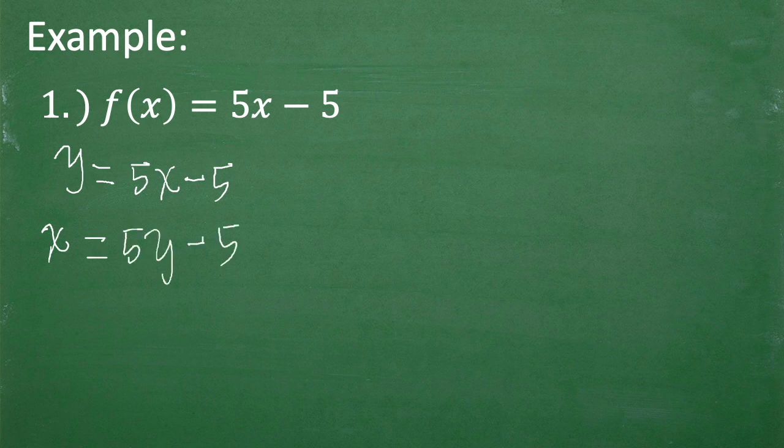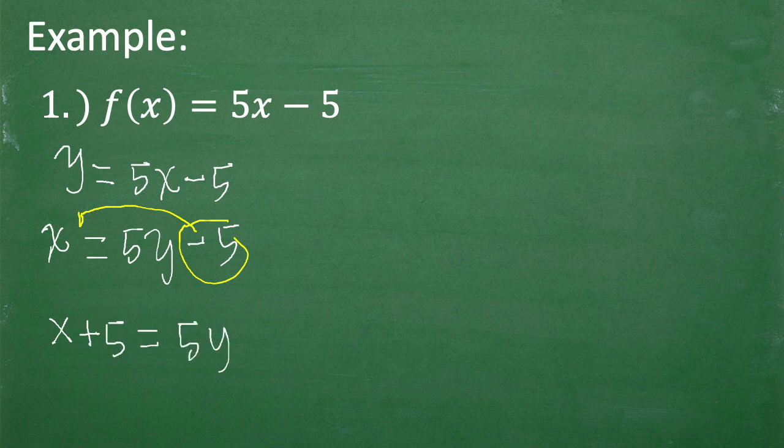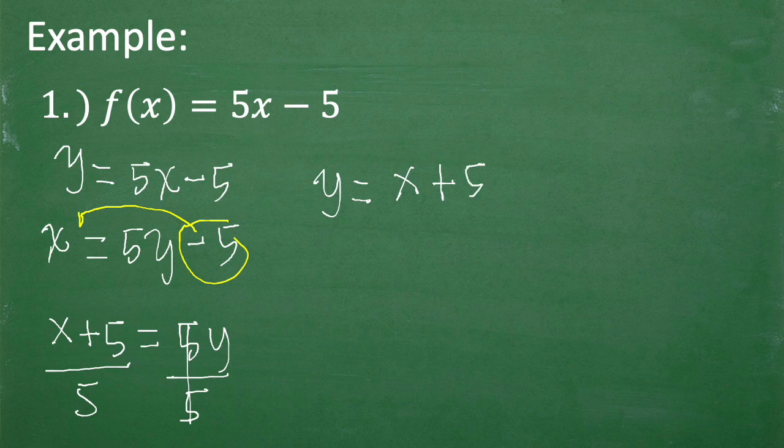Then we will solve for y. We will simply move this number to the other side so that we have x plus 5 equals 5y. And then we can now simply divide both sides by 5 so that our final answer is y equals (x plus 5) divided by 5.